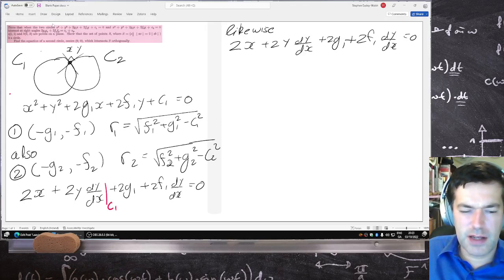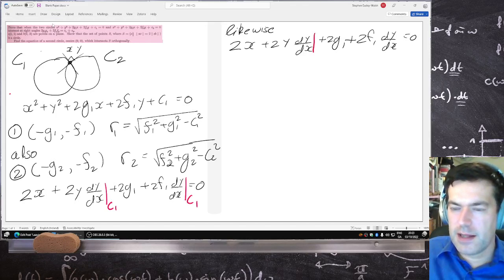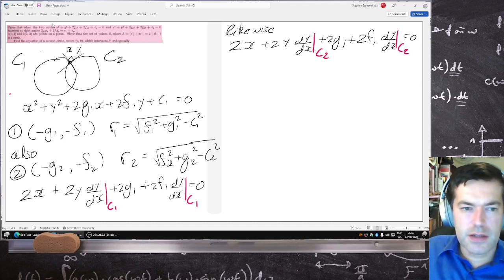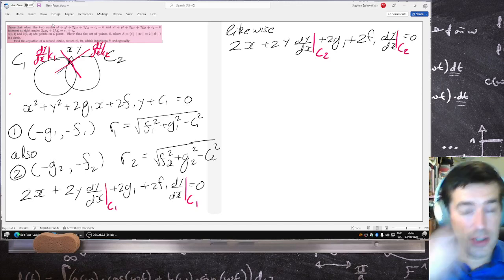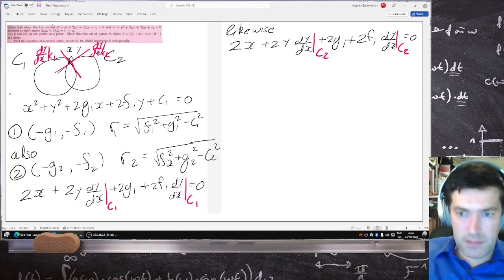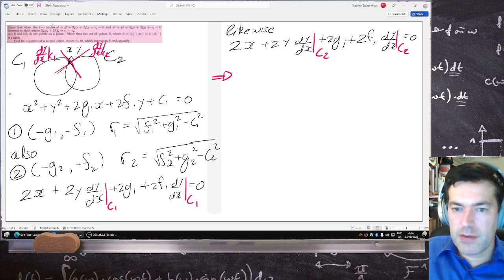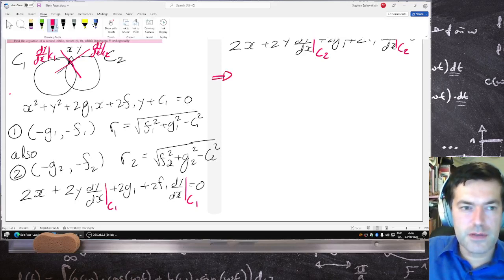So maybe I should write c1 here and c2 here, and this is the slope for c2. So this first one has a slope of dy/dx c1, and this one has a slope of dy/dx c2.